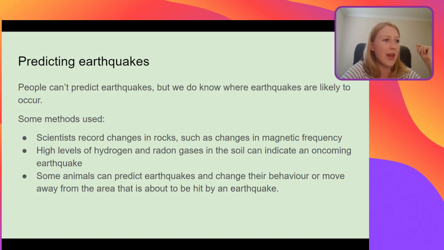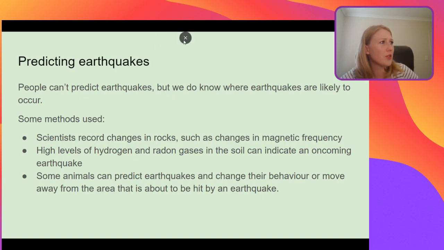They can track the different gases that get released from the ground, and you get some really cool stories of the animals as well. Animals somehow have a sixth sense about these kinds of things, and they even start to behave differently when they sense oncoming natural disasters. So they will combine all of these different ways of observation and predict or project when they can expect an earthquake.